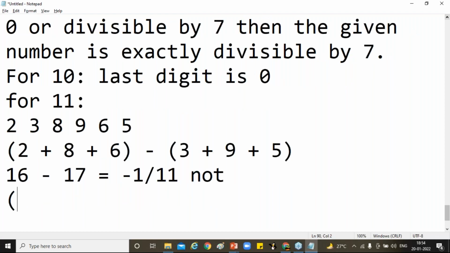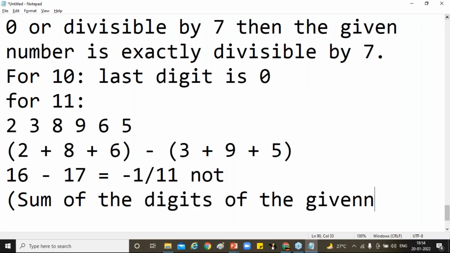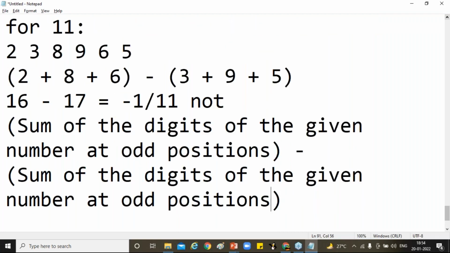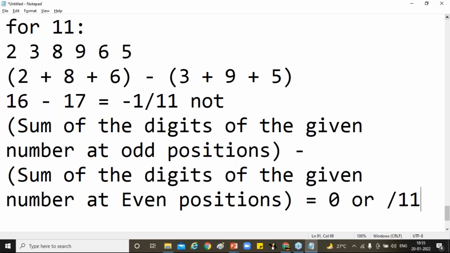Please note down, if the sum of the digits of the given number at odd positions minus the sum of the digits of the given number at even positions is equal to 0 or divisible by 11, then the given number is also divisible by 11. That is about the divisibility conditions.